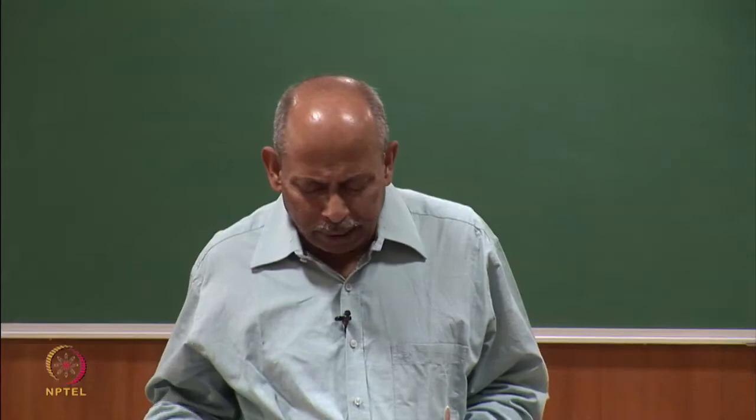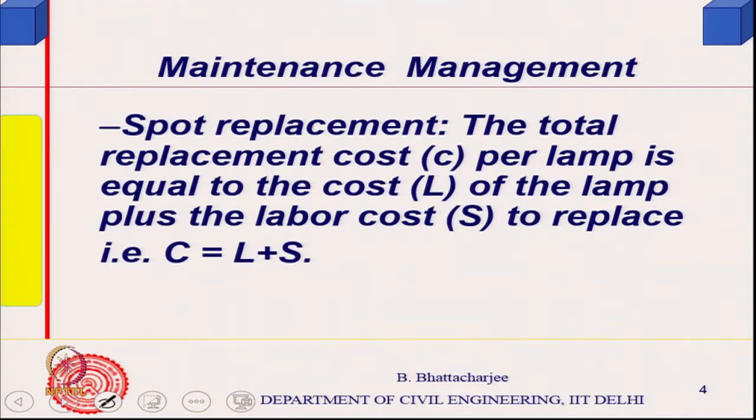Spot replacement is when I am replacing whenever there is a failure. So, the total replacement cost will be C per lamp, let us say. C is the total cost, which is L plus S, where L is the cost of a single lamp and S is the spot replacement cost, essentially labor or whatever it is.